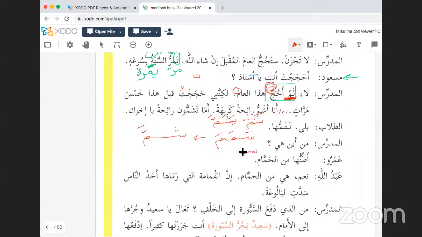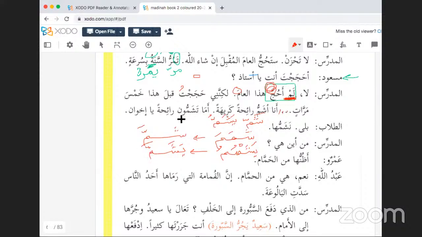Yashmumu becomes yashummu. Right? And when he puts it in the fi'l mudari', he said, ashummu. So the two letters are together, mudghama.